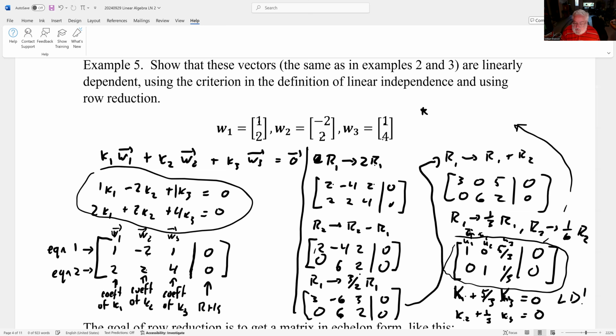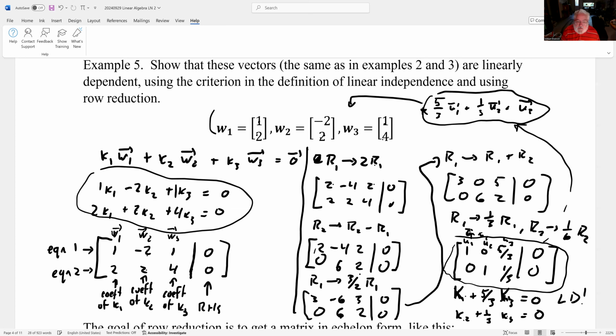What do we see? We see that 5/3 times U1 plus 1/3 times U2 equals U3. And that relationship is exactly the same relationship that held among these three, right?